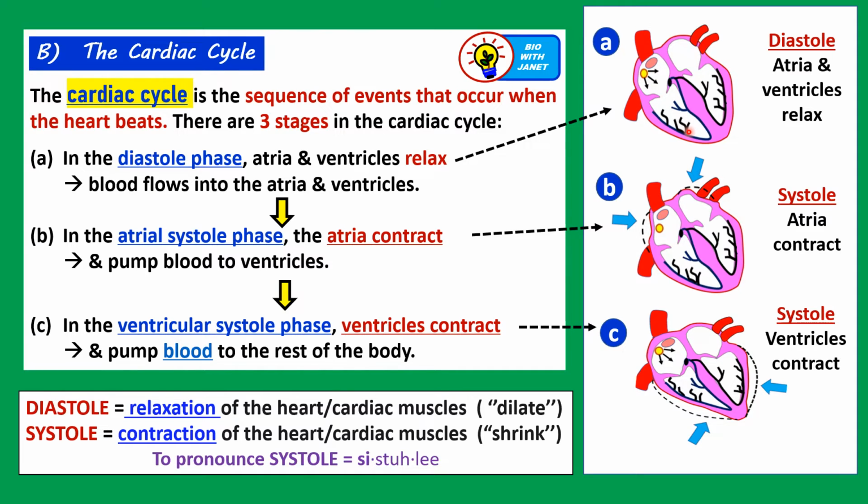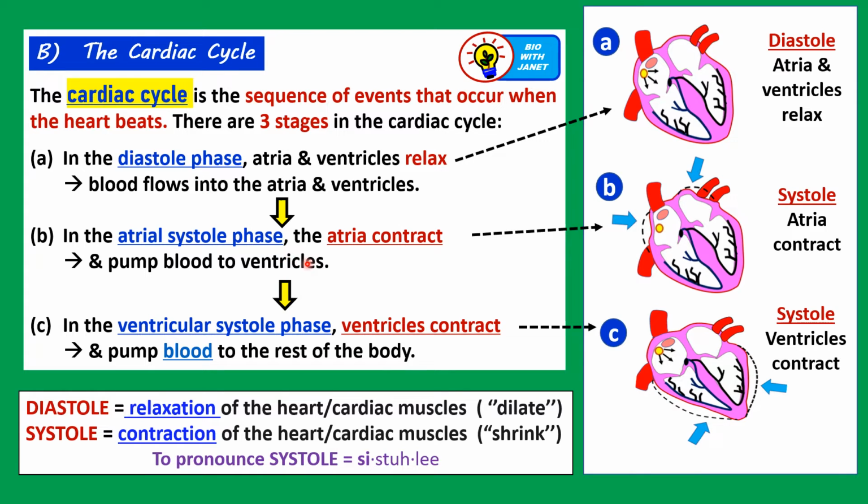Because when it's relaxed, the volume is bigger and the blood pressure inside is lower. Then the blood from other parts, from the veins, tends to flow into the heart. Then in the atrial systole phase, this word is pronounced systole. You can check on YouTube and Google how to pronounce these two words, diastole and systole.